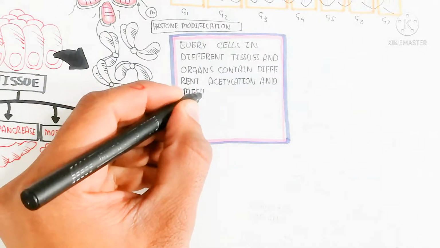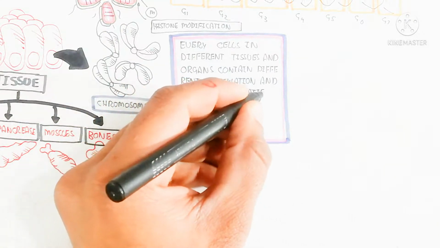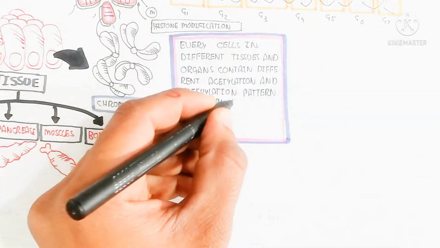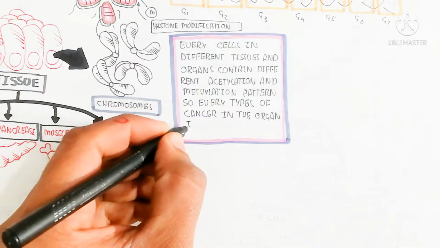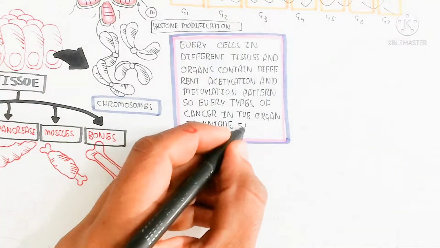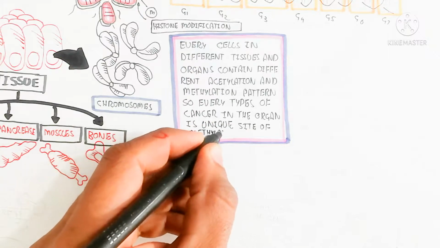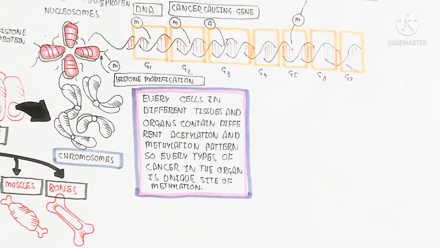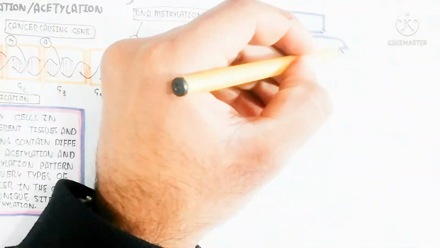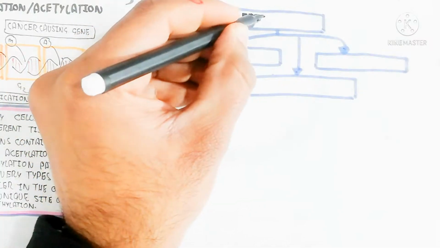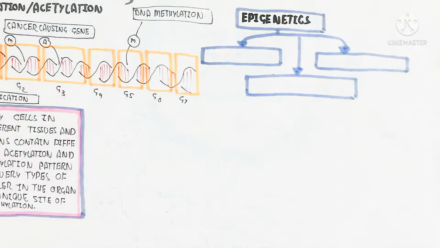Every type of cancer in an organ has a unique site of methylation. Methylation means suppression of the promoter region. When the promoter region is suppressed, it will not promote the production of other growth factors, so uncontrolled cell division will occur.